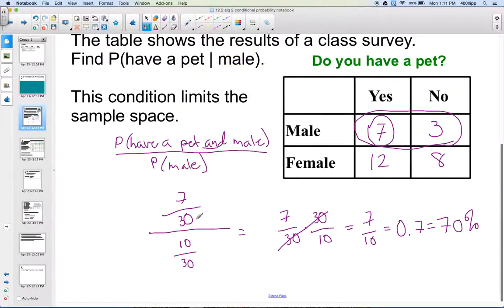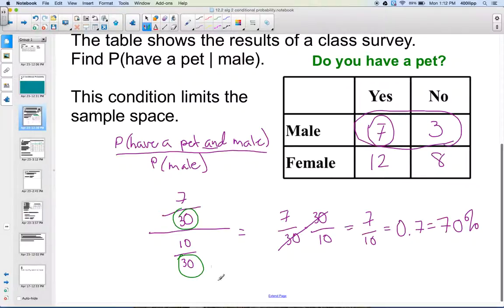The other way we could have done this is an easier way. If you notice, the denominators for these are always going to be the same, because you're looking at everything overall. So you can just drop the denominators right away.